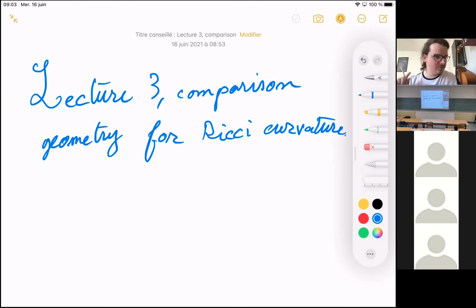But to give another perspective, and also as a teaser for Andrea Mondino's course next week, we will focus on lower bounds on the Ricci curvature.